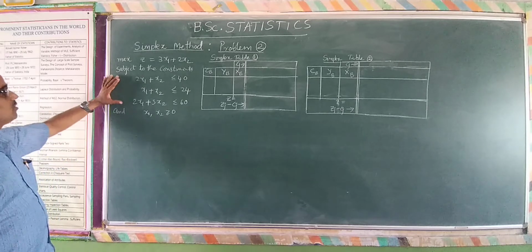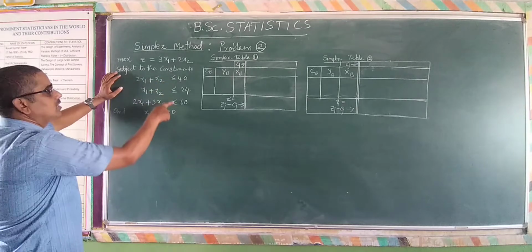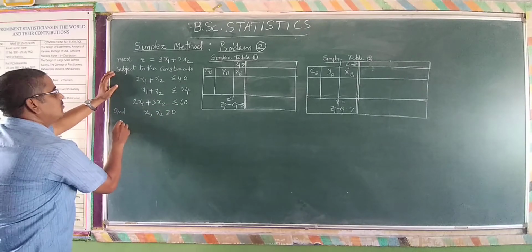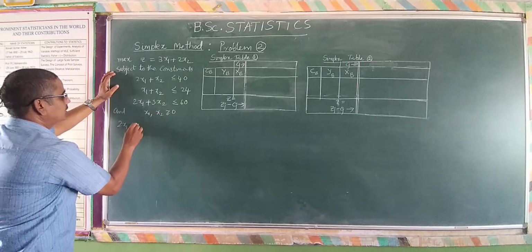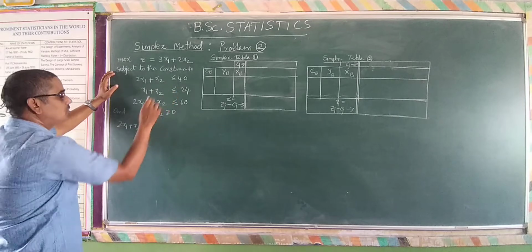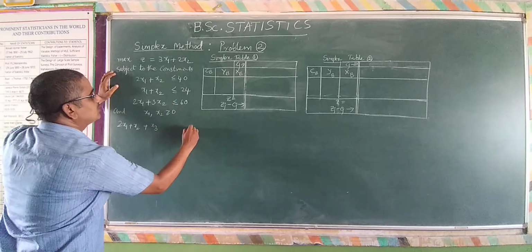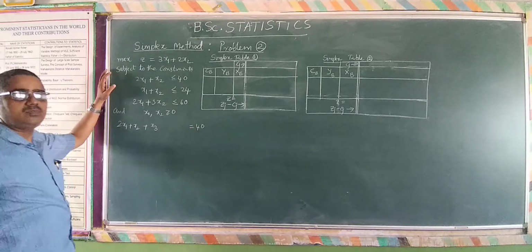So I am starting with that. All are less than or equal to constraints, therefore introduce slack variables. In 2x1 plus x2 less than or equal to, I introduce a slack variable x3, equal to 40.